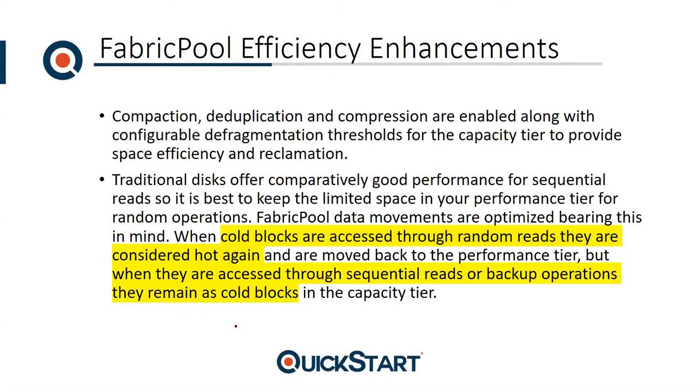And in case you forgot, I said it before, and I like to repeat myself, not because I'm senile, but because you only tend to remember about 10% of what I actually say. Remember, cold blocks that are accessed through random reads will then become hot, and those that are accessed through sequential reads will remain cold.